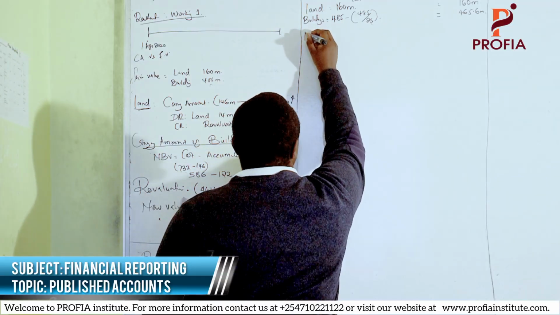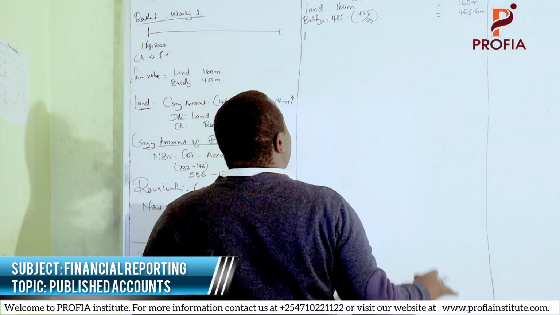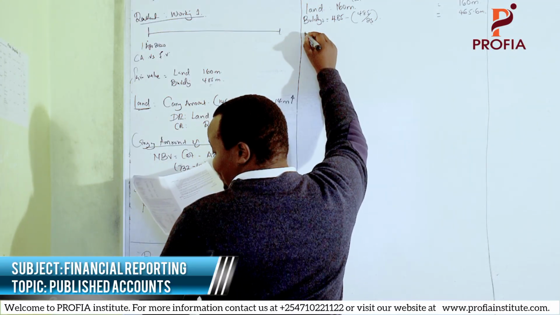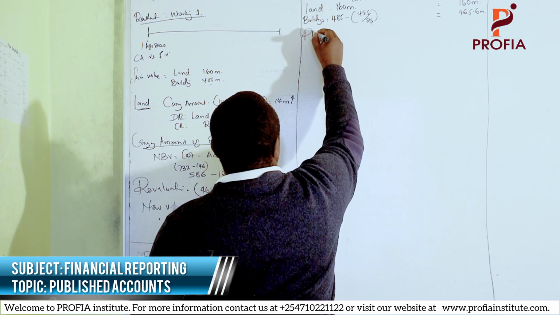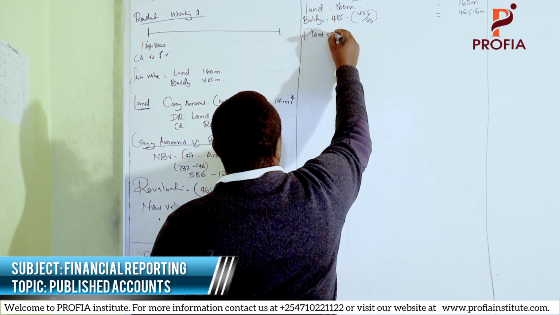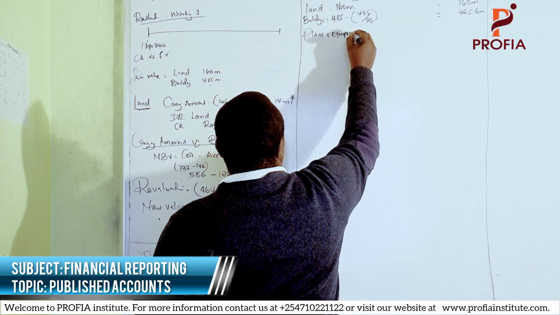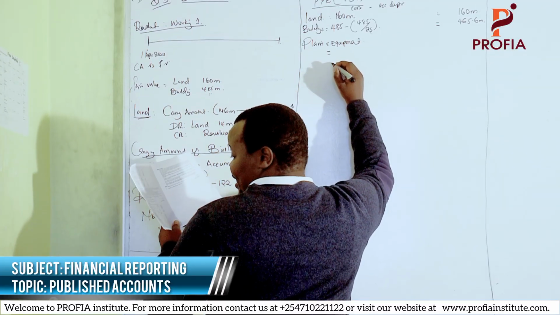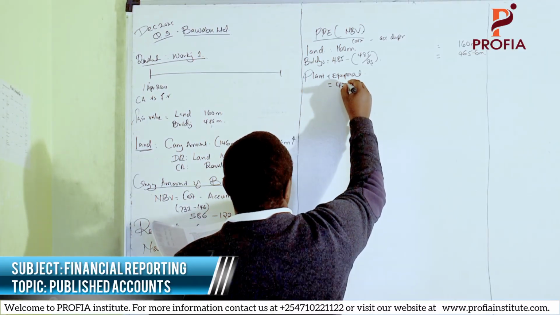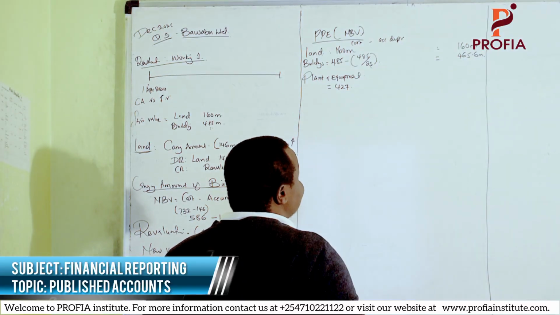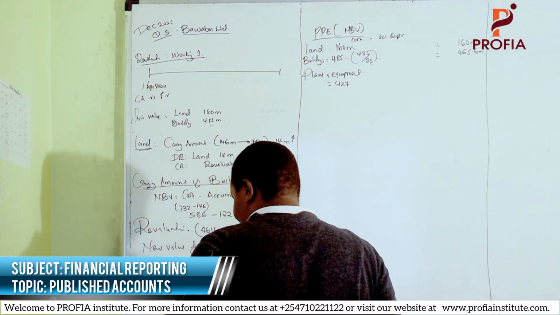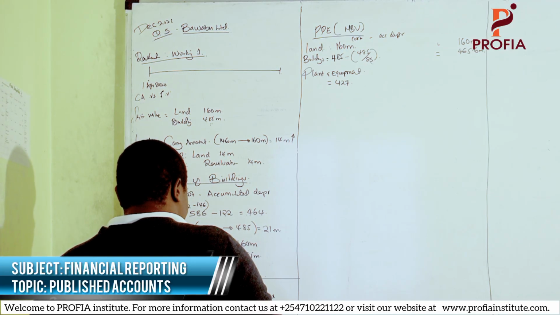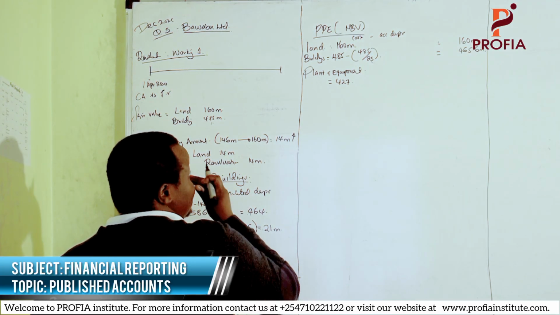So we'll again ask ourselves for now, then what is our item of plant and equipment? What was our cost? The cost of plant is 427. What is the depreciation of the plant? We are told plant depreciated at 15% using reducing balance.